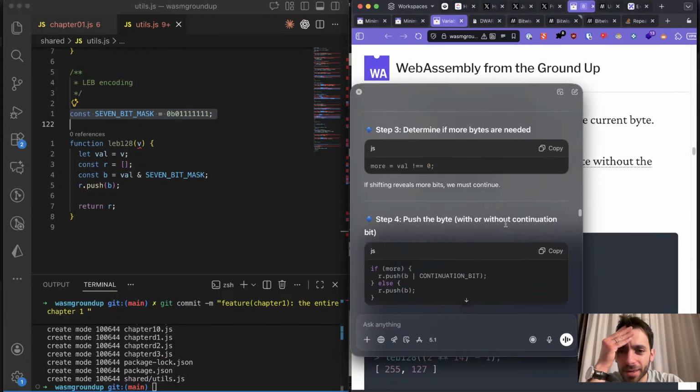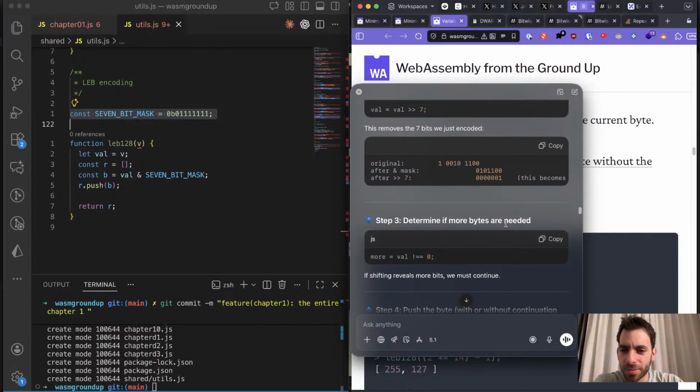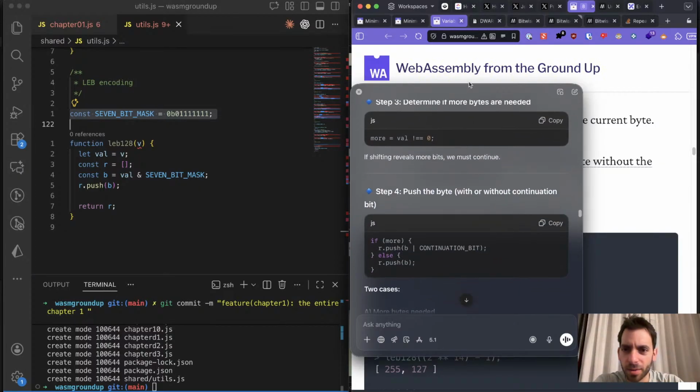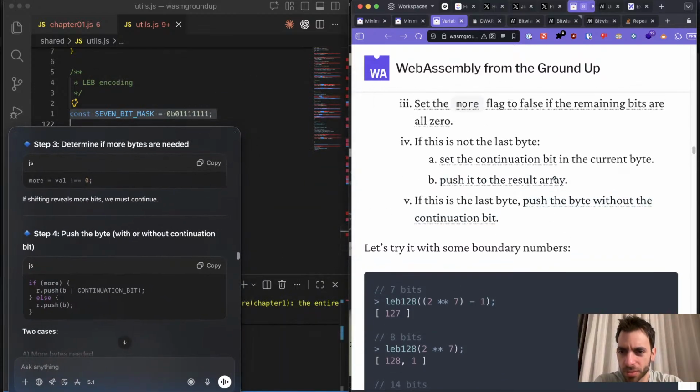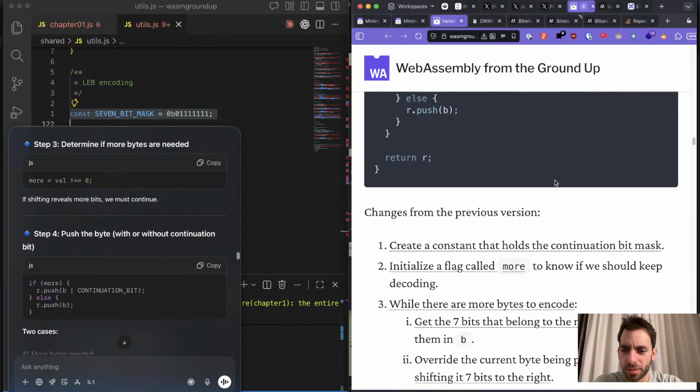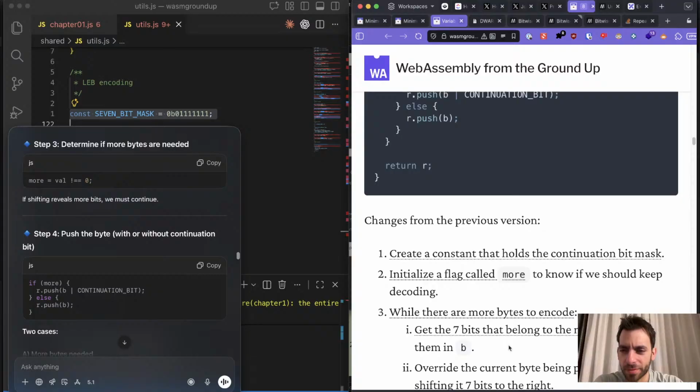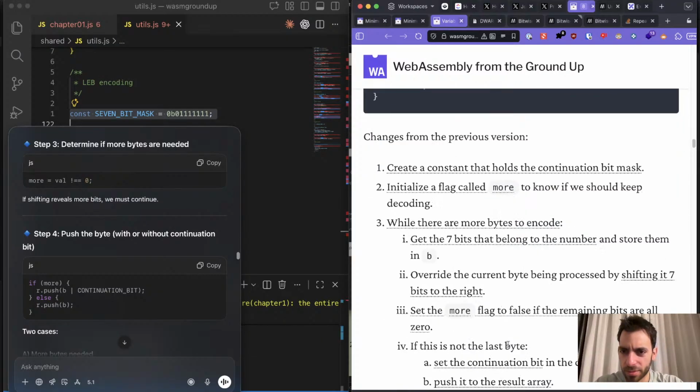I want to understand the intuition. Determines more bytes are needed, right? Because what's happening in here, let's try to decompose this slowly. I know that here it kind of explains things a little bit.